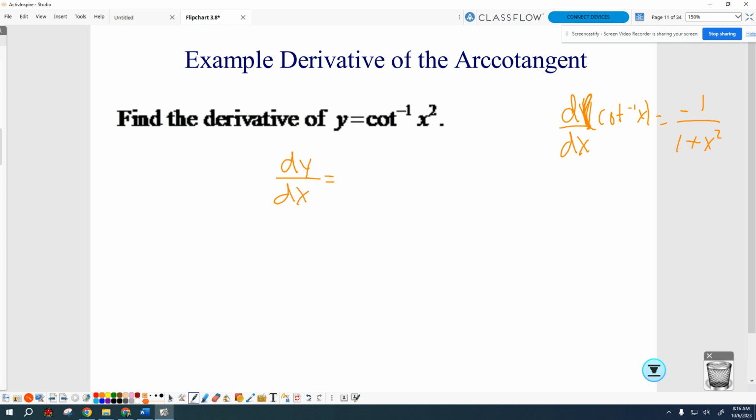Roxana, is it gonna be positive or negative? Negative, because it begins with a C. What about the rest of it? 1 plus x squared, squared to x to the fourth, and then times 2x.